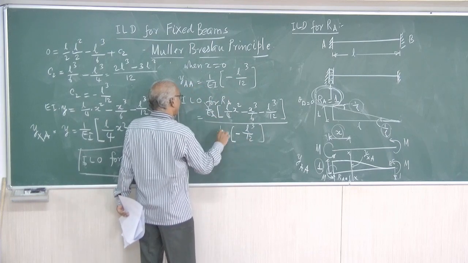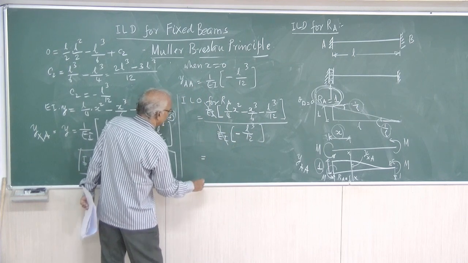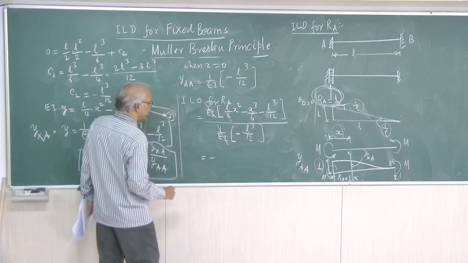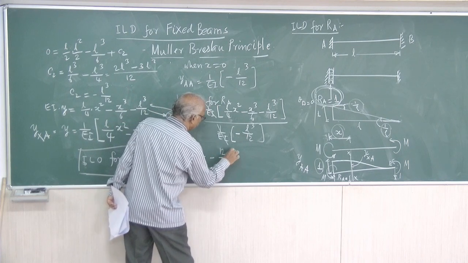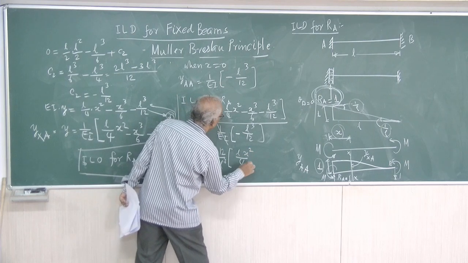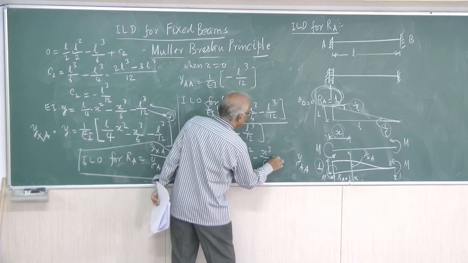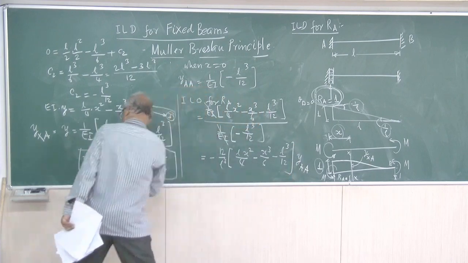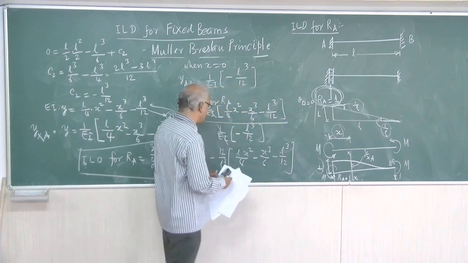So 1 by EI will get cancelled. Therefore, ILO equal to minus 12 by L cube into L x square by 4 minus x cube by 6 minus L cube by 12. This is the equation.